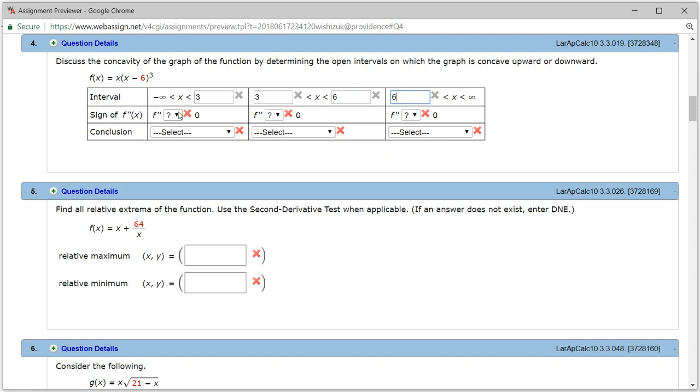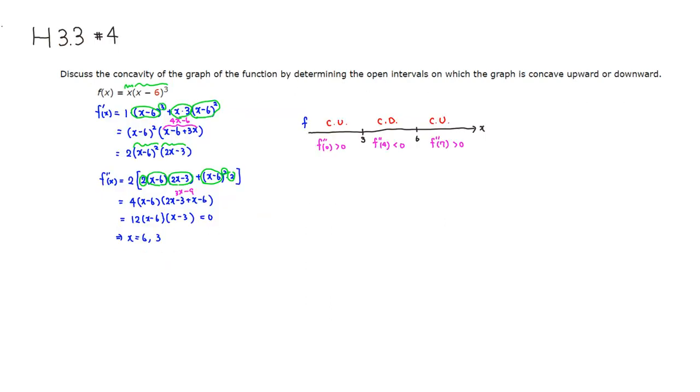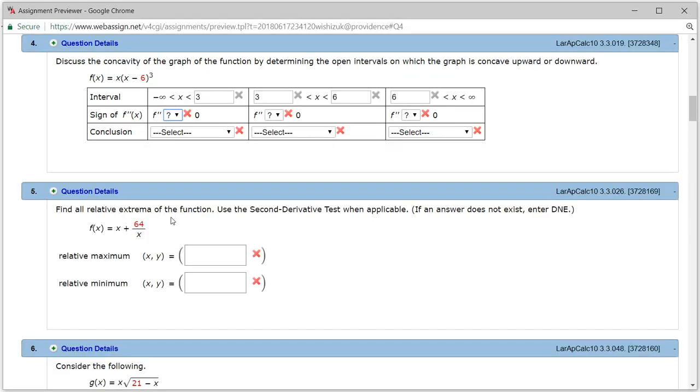The sign is positive, negative, positive. So here greater than 0, here less than 0, and here greater than 0. The conclusion is concave upward here, concave downward here, and concave upward here.